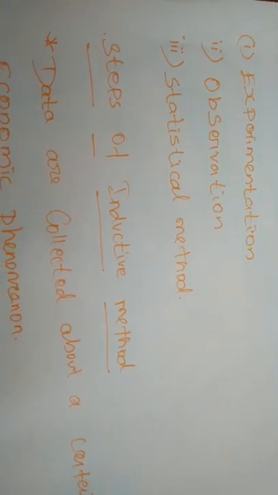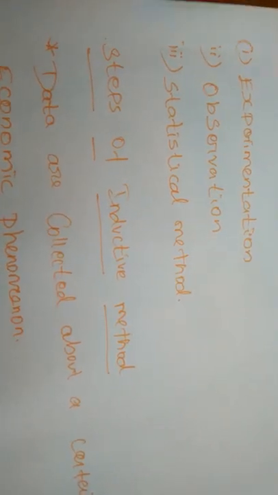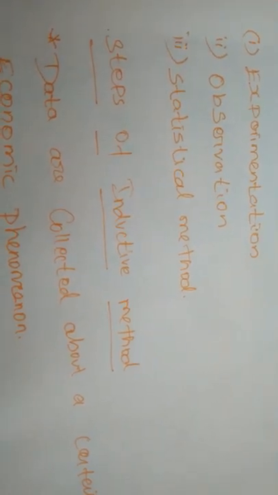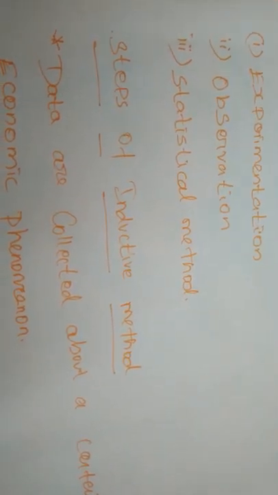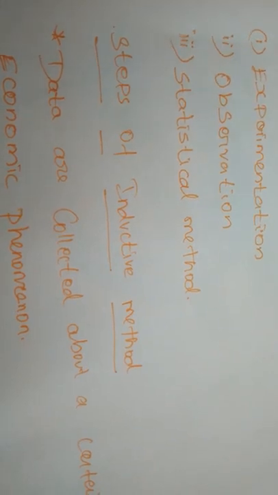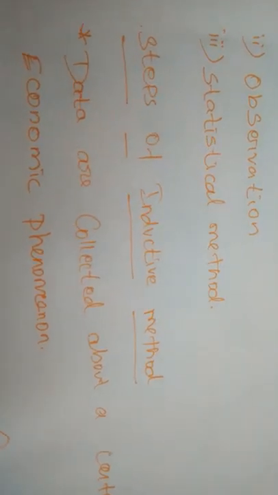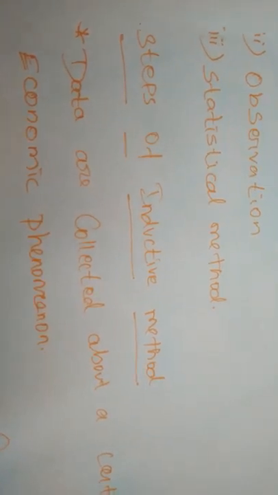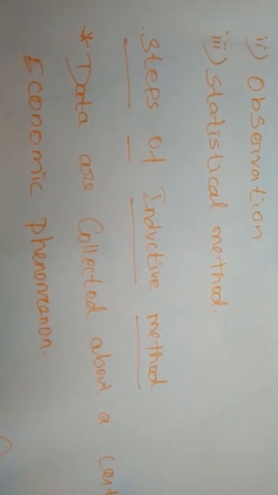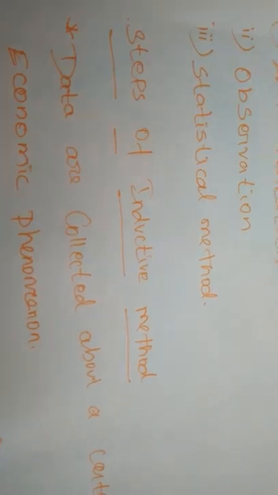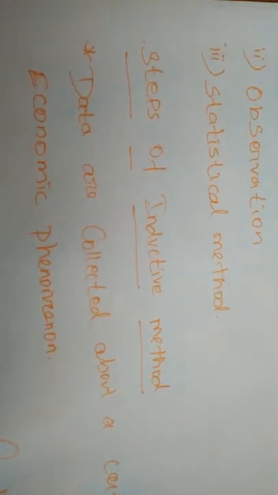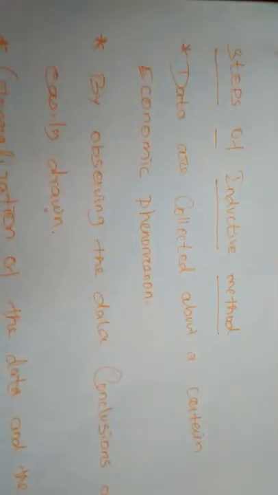By observation, when we observe day-to-day economic activities and human activities, we can come to conclusions about the problems. Next, the statistical method, which we must use for calculating populations. Next are the steps of the inductive method.